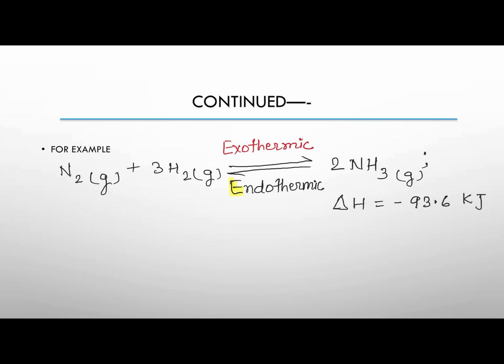If the temperature of the reaction is increased, the system will absorb the heat and therefore more ammonia will be decomposed. Hence, in order to prepare more ammonia, the temperature of the system will have to be reduced. Therefore, if a reaction is exothermic, low temperature will shift the equilibrium in the forward direction, and vice versa.